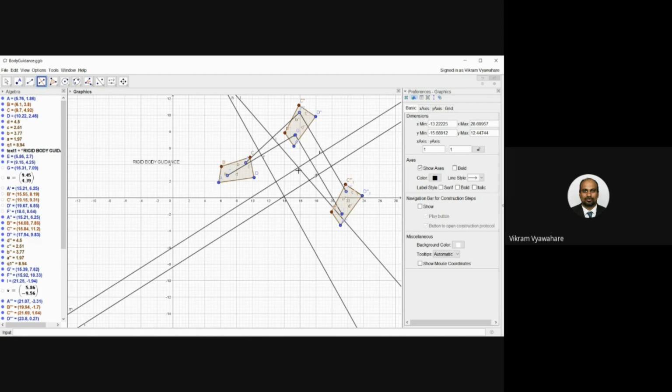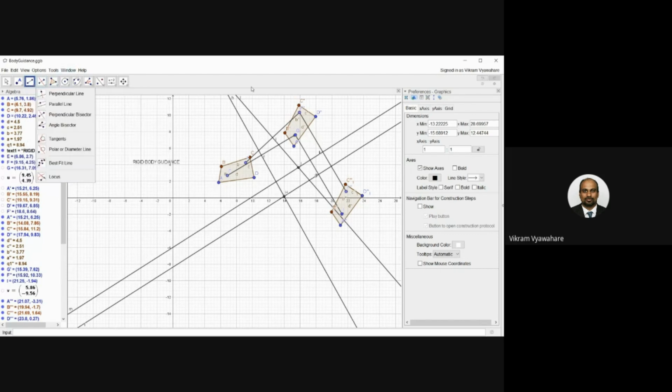So this is the first pivot location, this is the second pivot location. You may want to mark it with a point. So this is the procedure that we followed. We are not given any specific locations for the pivot in this particular problem, so we were able to do it quite simply.